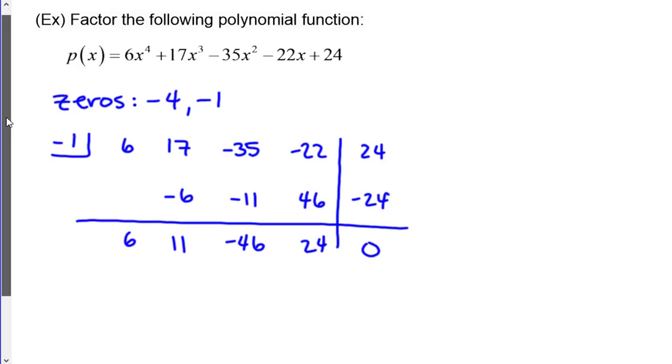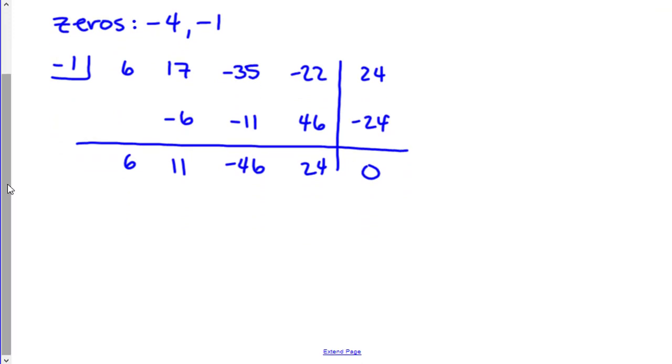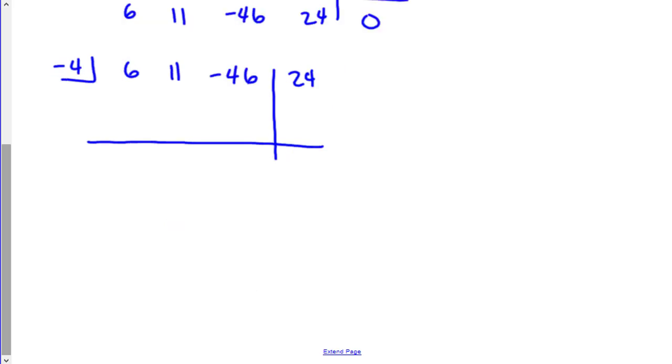Okay, now let's factor out the -4. And remember, I only have to factor it out of the remaining polynomial, which is a little bit easier because it's one less number to work with. So bring the 6 down. 6 times -4 is -24. Add that to 11.